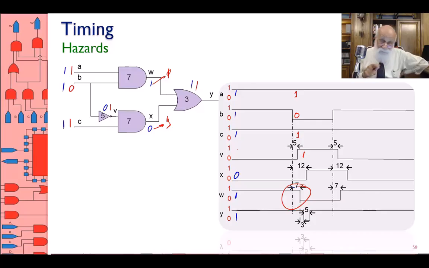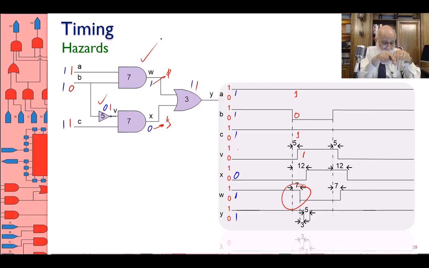Something else starts happening when the input V of the lower AND gate becomes 1. So two pending things happen. This and this started happening at the same time because their input changed at the same time.